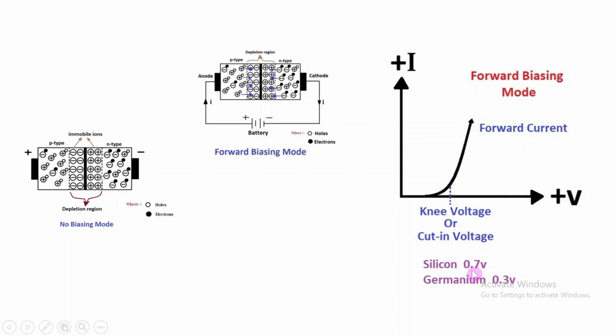For silicon, it is about 0.7 volt, and for germanium it is about 0.3 volt.